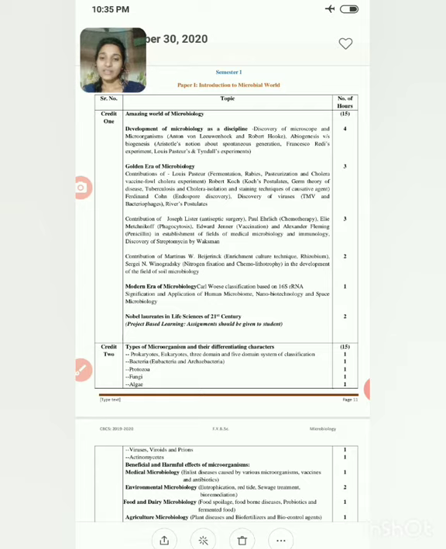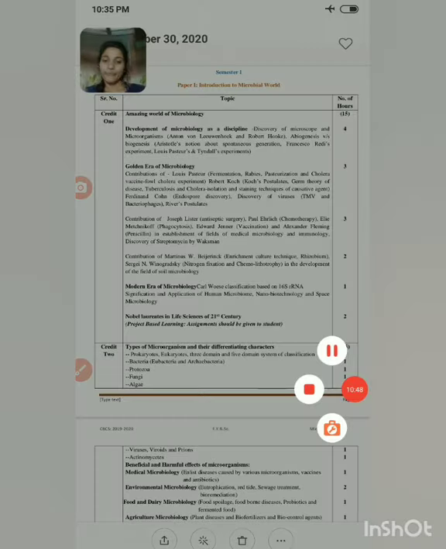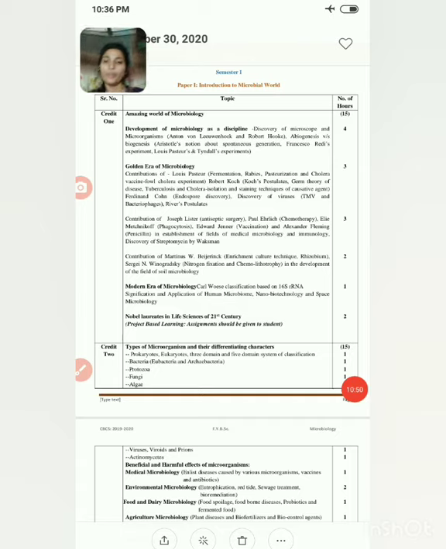Further, E. L. Metchnikoff proposed the theory of phagocytosis. Here, phago means engulf and cytosis means cell. The process of engulfment of a whole cell was performed by a particular microorganism, and this whole process was studied and proposed by E. L. Metchnikoff.